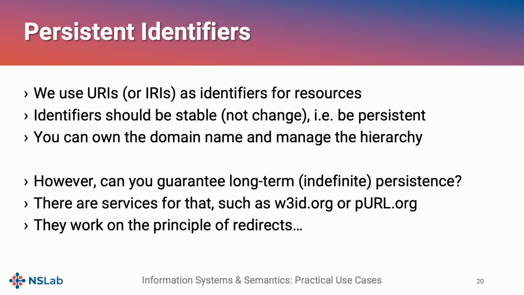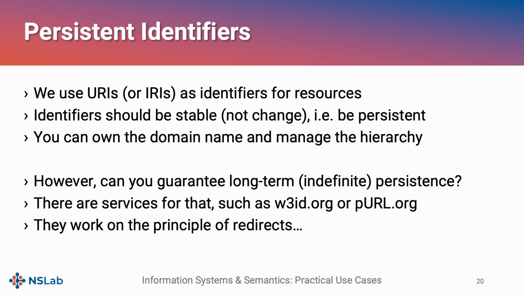Another thing related to practical use cases, or even the design of your datasets and ontologies, is persistent identifiers. We know that we use these uniform resource identifiers or internationalized resource identifiers for resources. They should be stable, and basically they should not change once you assign them; they should be persistent.